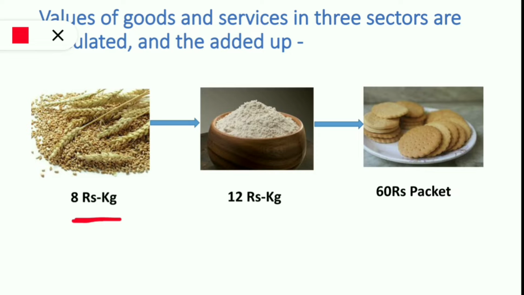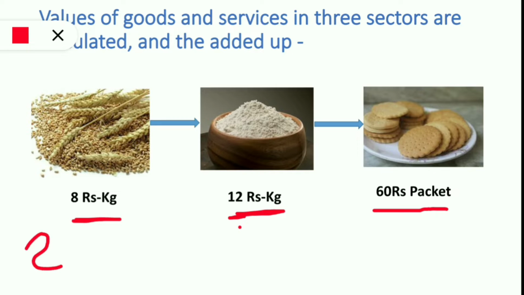That grinding mill grinds it into flour and sends it to a biscuit manufacturing company at 12 rupees per kg. The biscuit company uses intermediate products like sugar and oil, makes biscuits, and sells them at 60 rupees per packet.